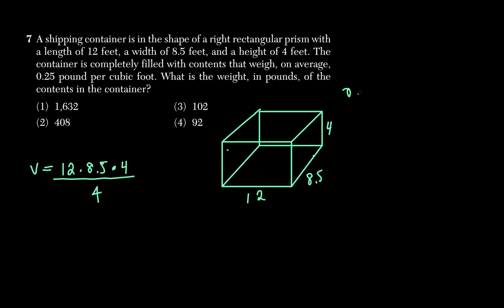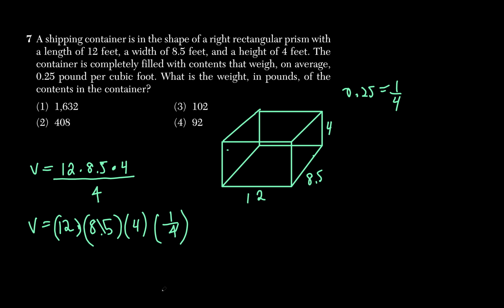So 0.25 is the same thing as saying 1/4. So I'm dividing everything by 4 because in essence I'm multiplying everything by 1/4. So this is the same thing as saying 12 times 8.5 times 4 times 1/4. It's the same exact thing. So this 4 cancels out with this 4. Then 12 times 8.5 is just 102.